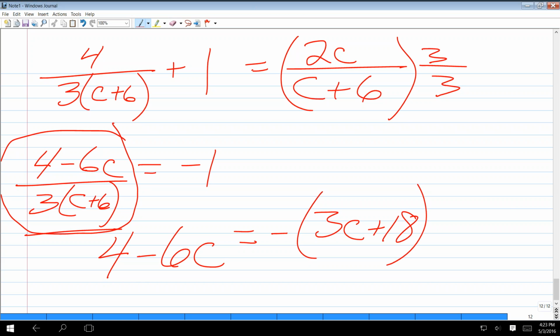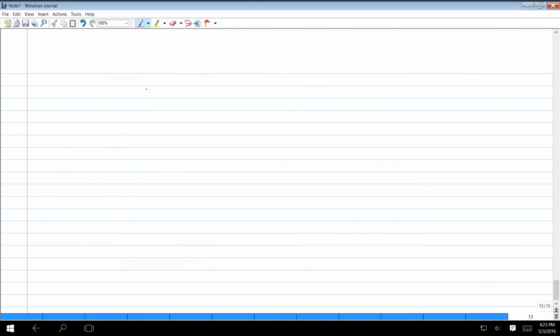So my goal when I'm trying to solve any kind of equation, I've got 2 initial steps. Get rid of the denominators and then get rid of your parentheses and go from there. And it's hard to go wrong if you do that. There's a few places where that doesn't necessarily work.